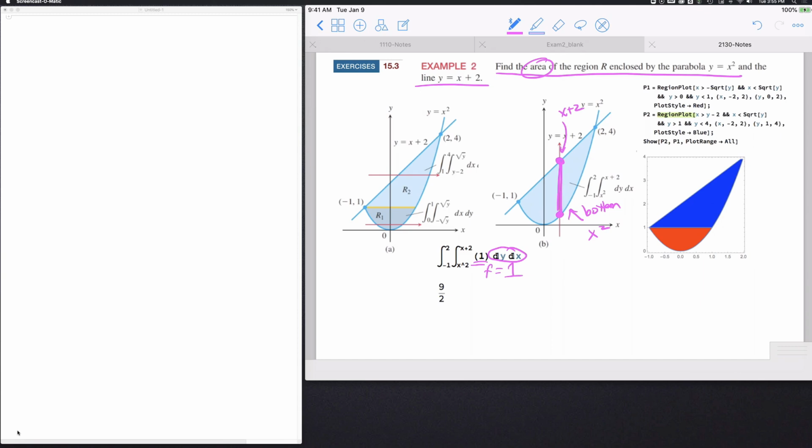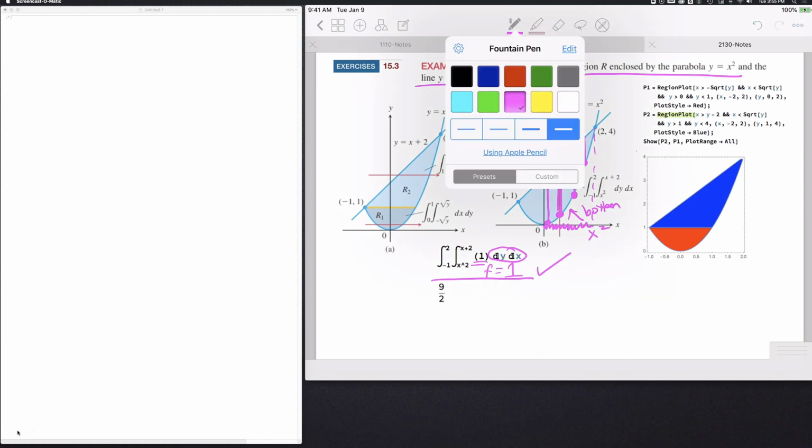No matter what value of x you pick between 0 and 2, the parabola is always on the bottom and the line is always on the top. That is why we wanted to do the integral dy dx.